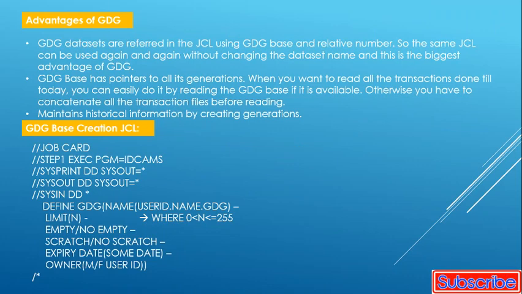And what are the advantages of GDG? GDG datasets are referred to in the JCL using the GDG base and the relative number. So the same JCL can be used again and again without changing the dataset name, and this is the biggest advantage of GDG.